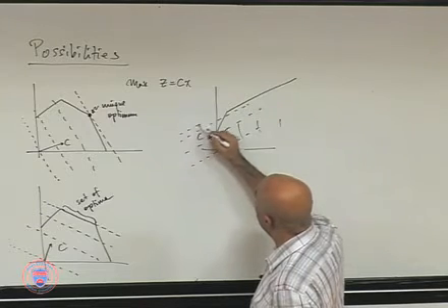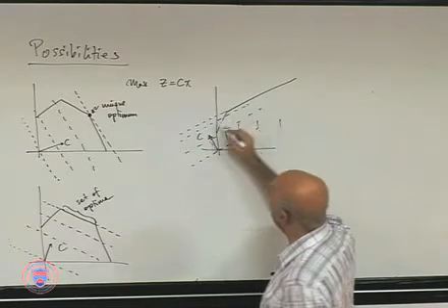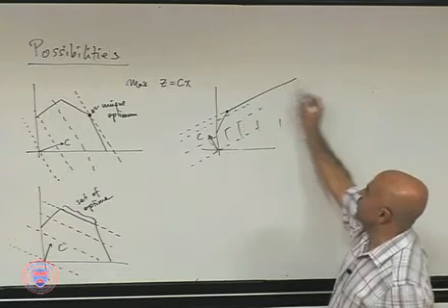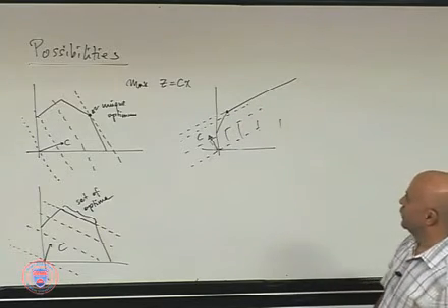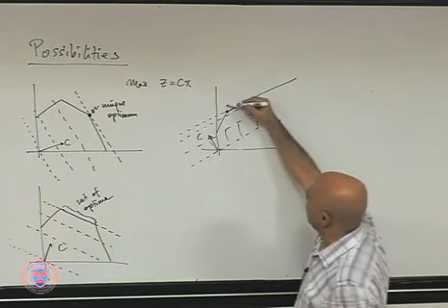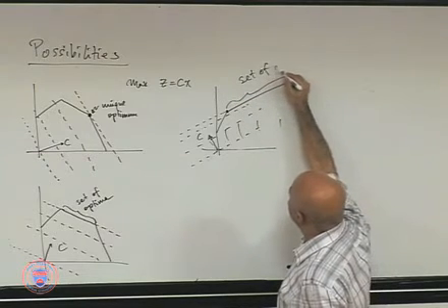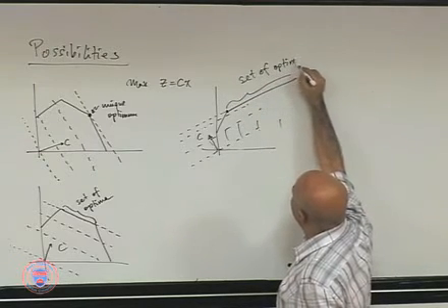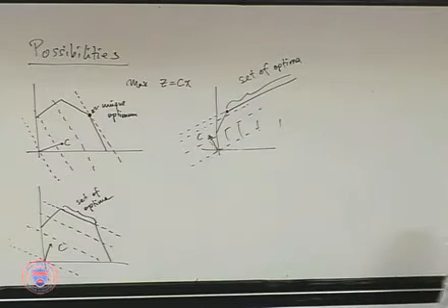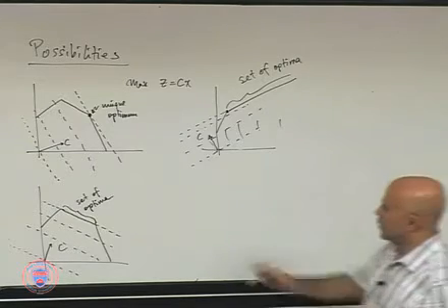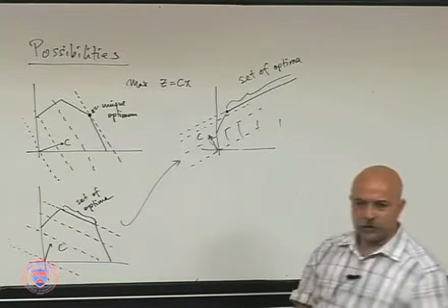Okay? And this one will coincide with the edge that extends from this corner point all the way to infinity. So in this case, the set of optima is here. Okay? On that edge, on that ray. That's not an edge because it extends all the way to the right.